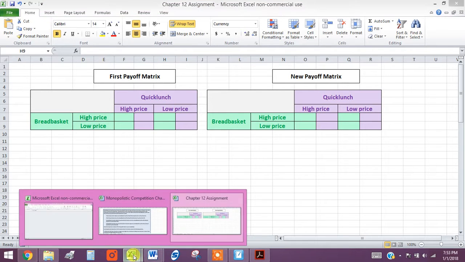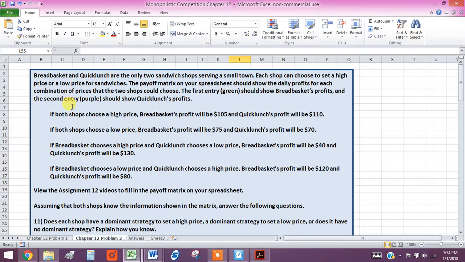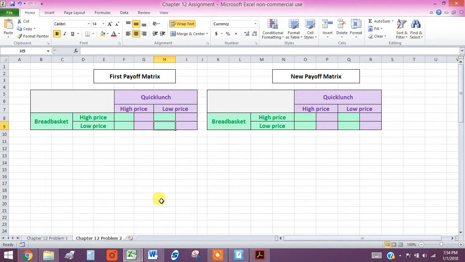Let's go back, and we see that if both shops choose a high price, Bread Basket's profit will be 105, and Quick Lunch's will be 110. So what does that mean? Well, we come back over here, and they both choose high. That's right here, and that's here and here.